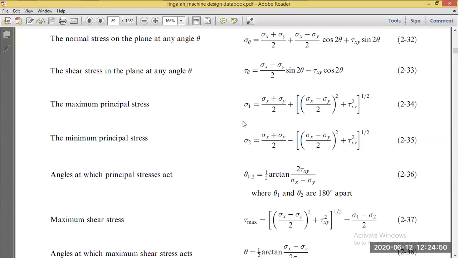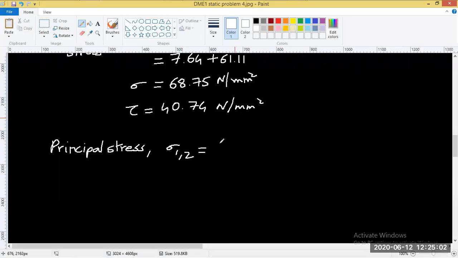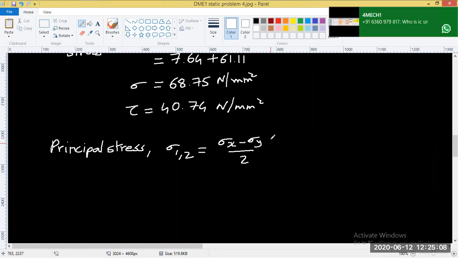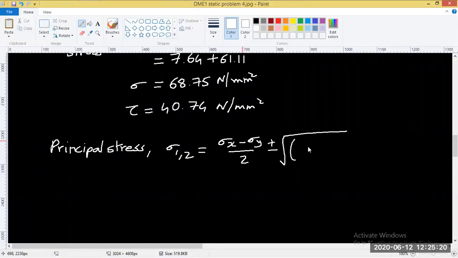So sigma 1 and 2 just differentiate by one sign here, plus or minus. Let's write this. So that is given by sigma x minus sigma y by 2 plus or minus square root of, it's plus here, sigma x minus sigma y by 2 whole squared plus tau xy square.